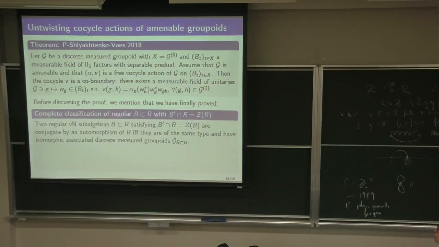So we proved that if G is a discrete measured groupoid with units, say X, and you take a measurable field of II_1 factors over this X, and you assume that G is amenable, and then you take a free cocycle action of this groupoid on this measurable field of II_1 factors, then the cocycle V is a coboundary.